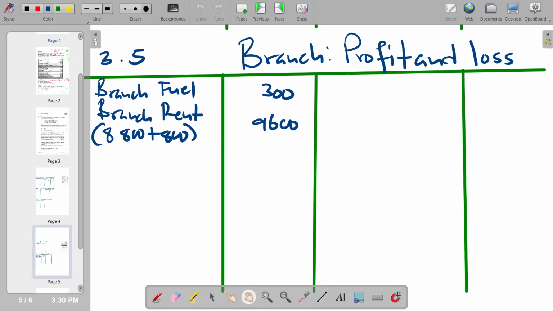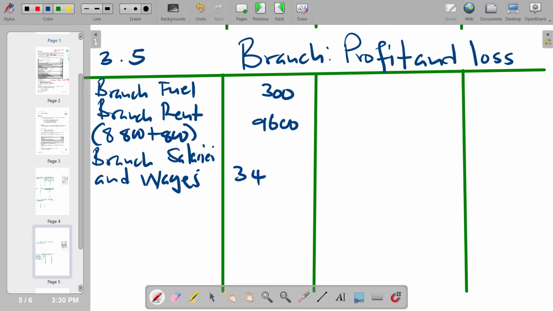So we come here, we say branch salaries and wages, and the amount that we have is supposed to be 34,900. And then we are done with that. We look for the next one.